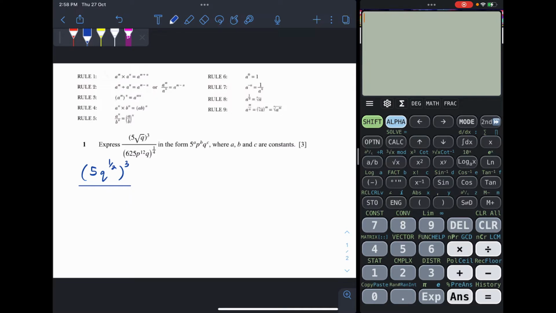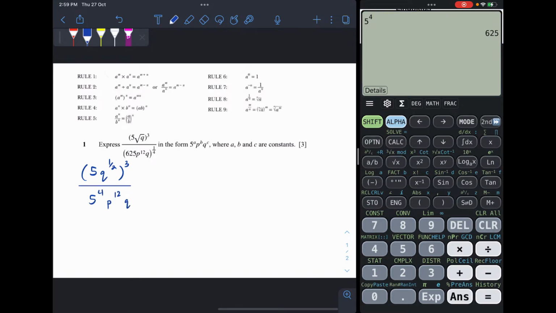We need to change 625 to something else. What's 5 to the power of 3? Is it 5 to the power of 3 or 5 to the power of 4? Nope, 5 to the power of 3 is not it. Yes, 5 to the power of 4 is 625. So we're going to change 625 to 5 to the power of 4.